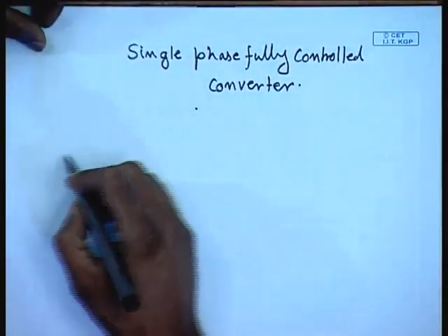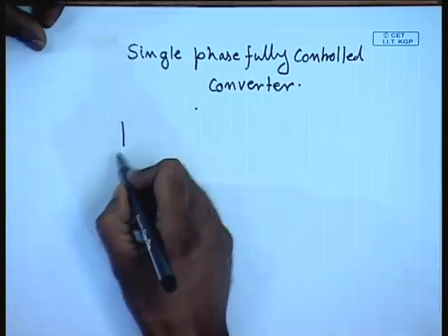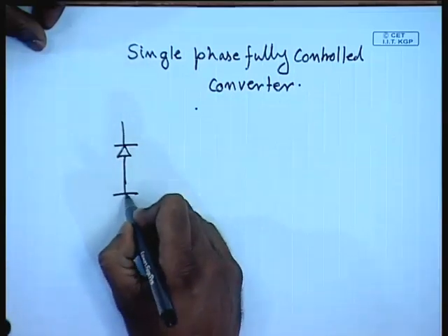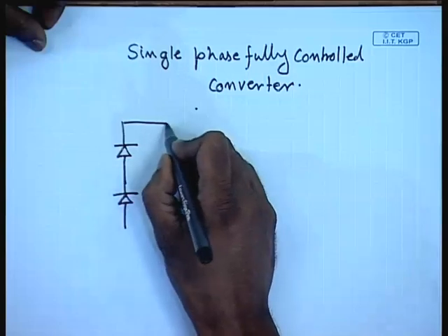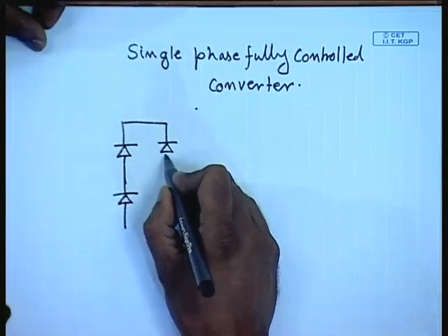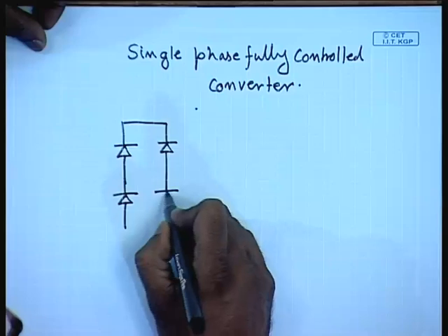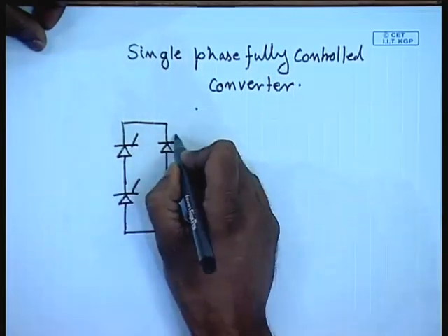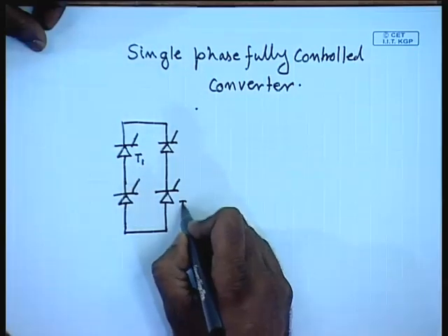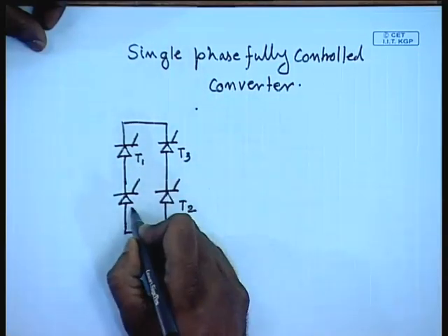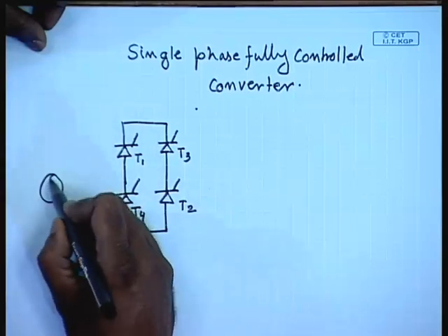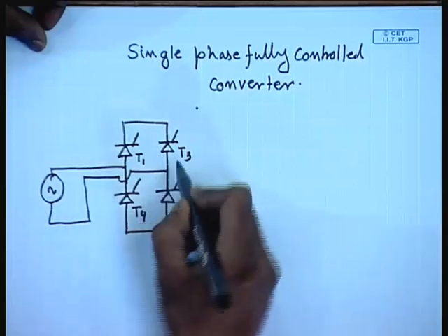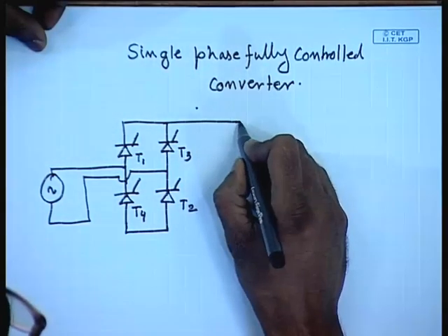In this, the converter looks like a diode rectifier bridge, but instead of diodes we use thyristors. This is say T1, this is T2, this is T3, this is T4. This is the AC source. And the DC machine is connected here.